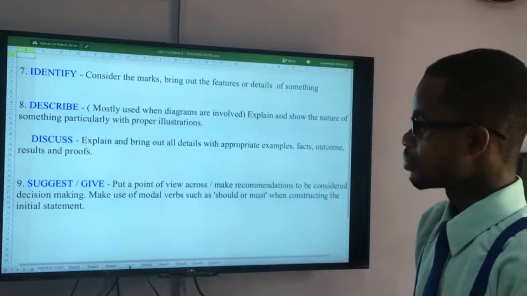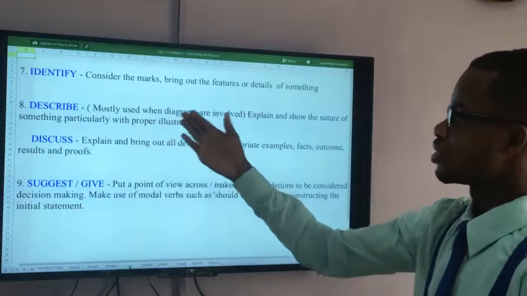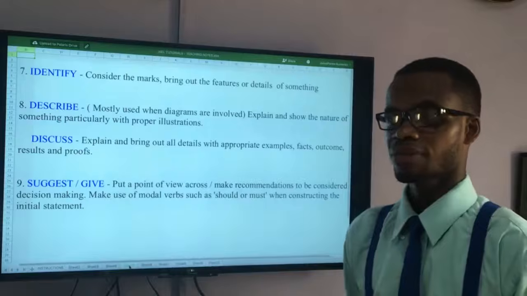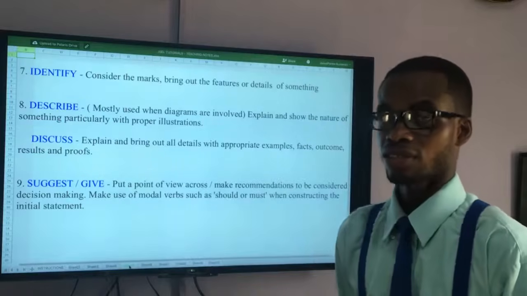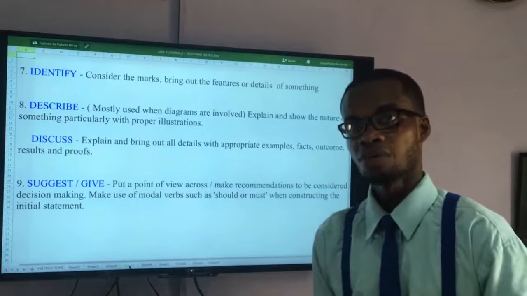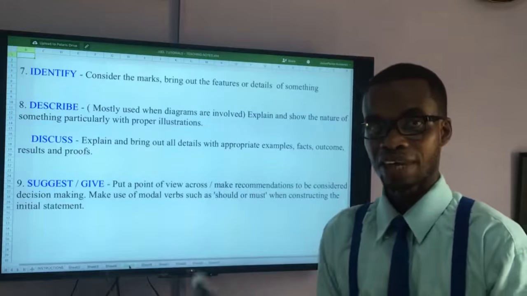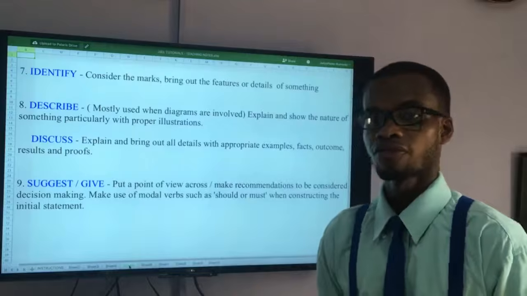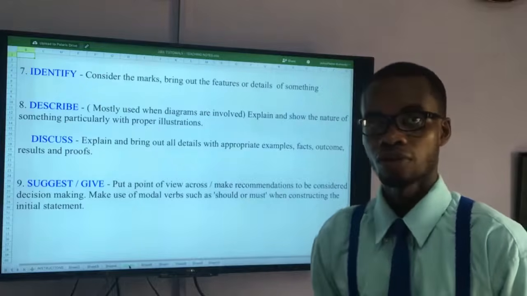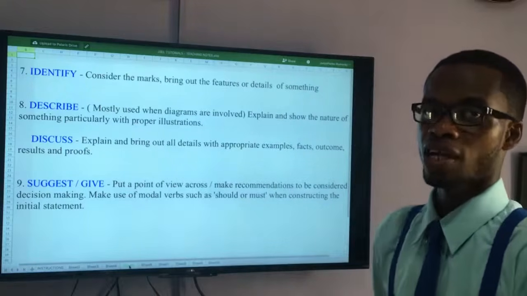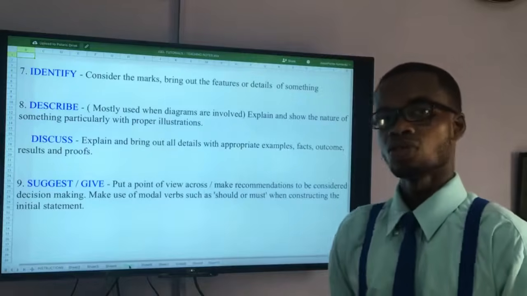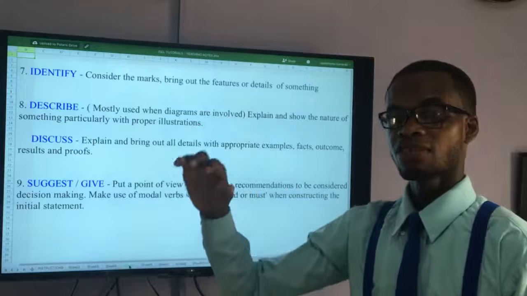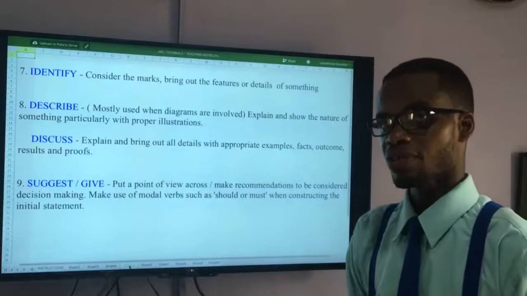So describe, most questions in social studies that carry describe as instruction normally go with a lot of illustration. So with the diagram one, describe the formation of a cyclonic rainfall, or describe the cyclonic rainfall. At times you have to look at the marks. If the mark is huge, then it means that the diagram must be there.